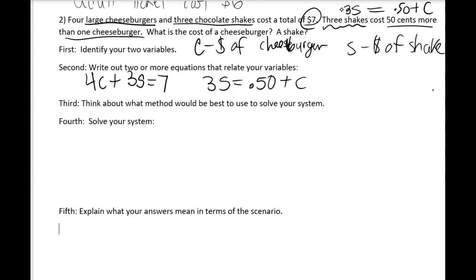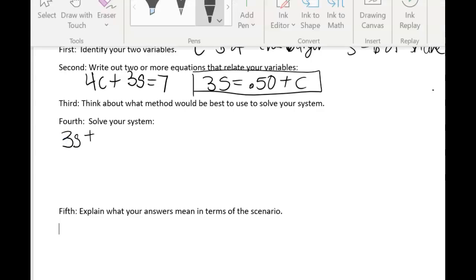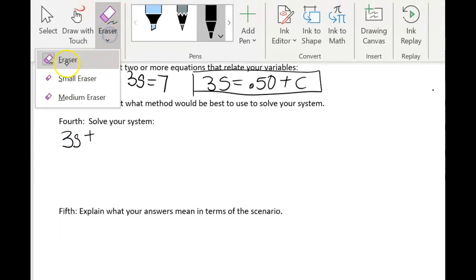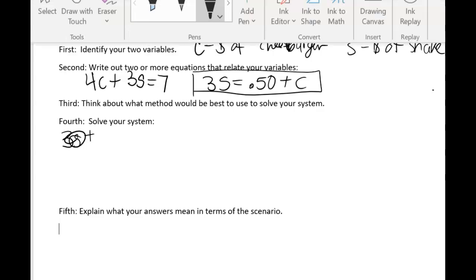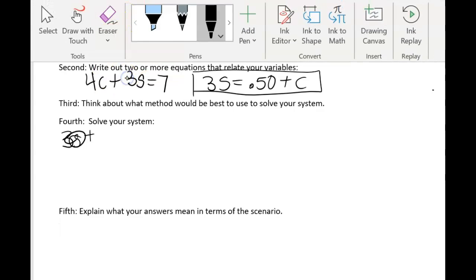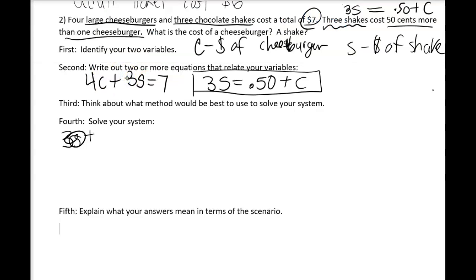So when I look at this system, I'm seeing that cheeseburger has a coefficient of 1, so I'm thinking maybe substitution's my better bet. So I'm going to take this equation here, okay, it won't let me erase. It's very strange.